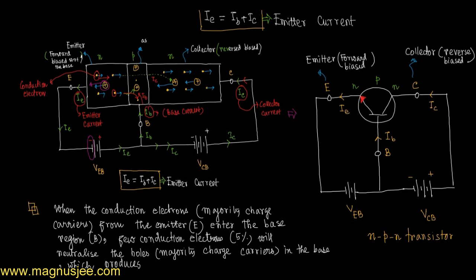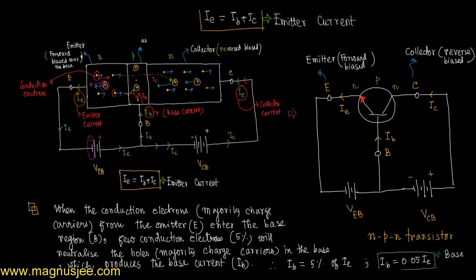Few conduction electrons, 5%, neutralize the holes, the majority charge carriers in the base, which produces the base current IB. Therefore, IB is equal to 5% of IE. Therefore, IB is equal to 0.05 times IE. Base current IB is equal to 0.05 times emitter current IE.